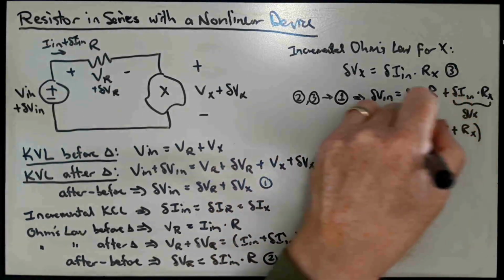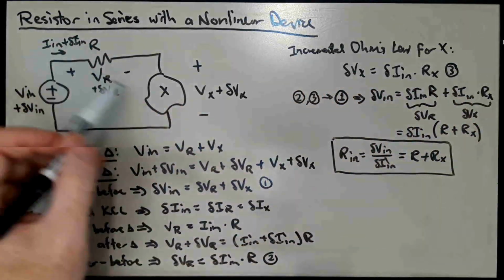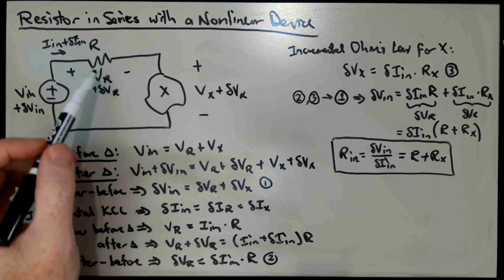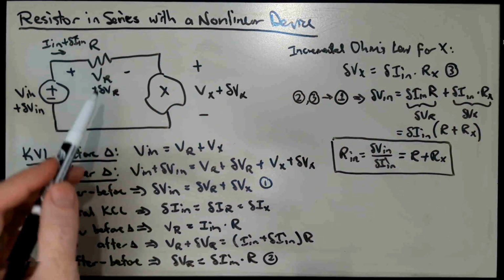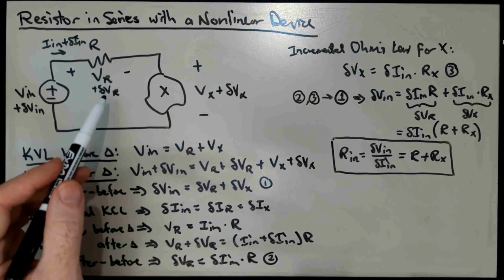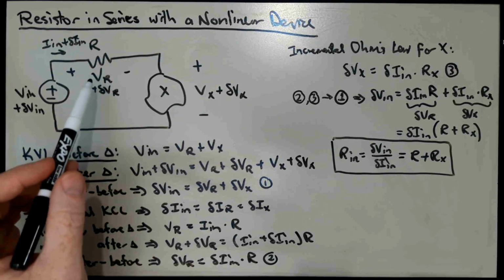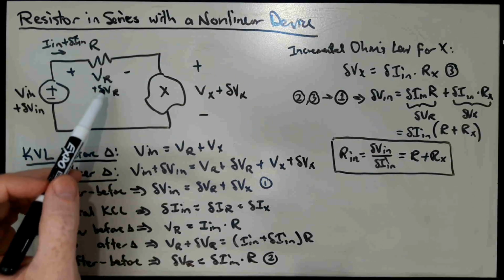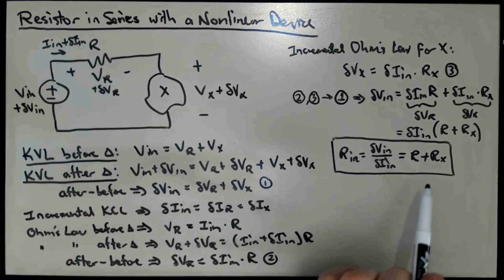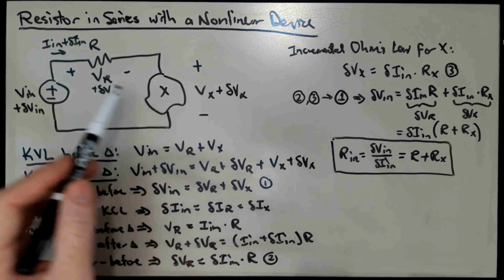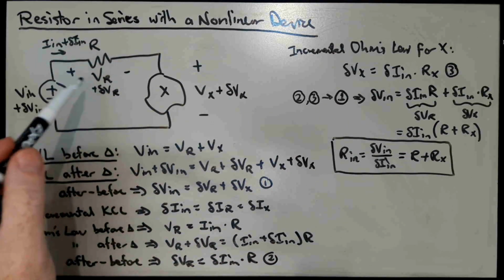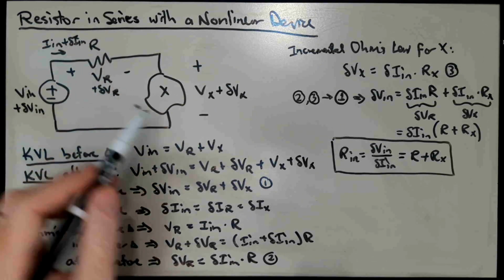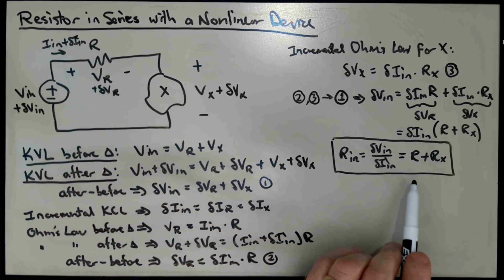So the incremental resistance of this series combination is simply what we would expect, given what we said in the last segment about incremental conductances combining in the same way, and the incremental current divider behaving in the same way. Here we have another situation where we might expect that the incremental resistance of a series combination is just the sum of the incremental resistances, and that is indeed what we see.